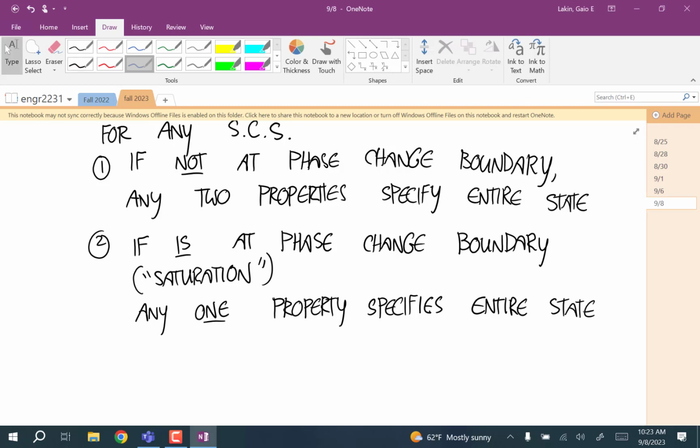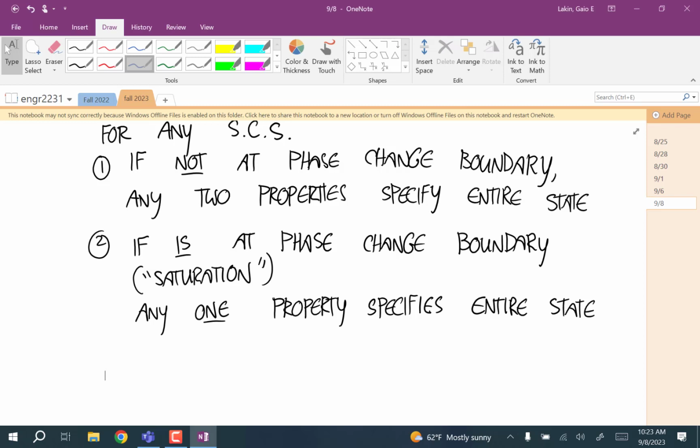Say this water is at the boiling point, maybe some of it is steam, some of it is liquid. What's the temperature? Well, that's not enough information. But if you specify the pressure, then I know that at this pressure, the boiling point is this. So if you specify one property, you can figure out anything else from that.